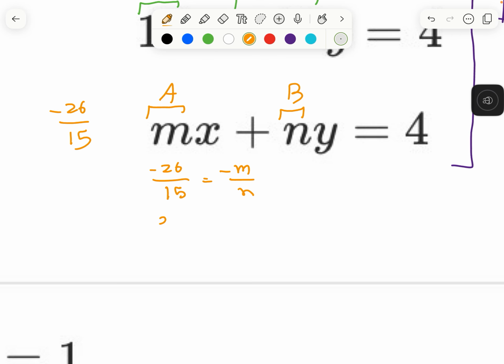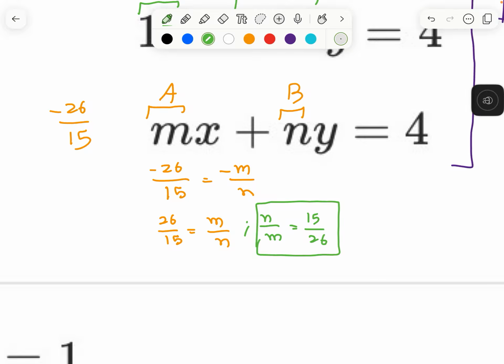And of course, with a bit of manipulation, you get that m over n equals 26 over 15. And of course, n over m, if you flip those, is equal to 15 over 26.